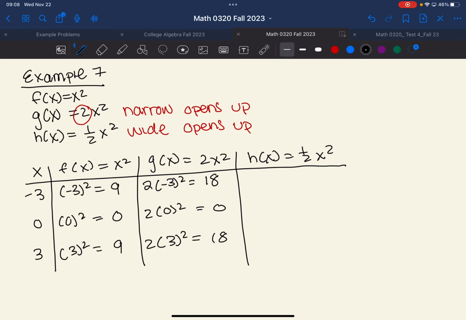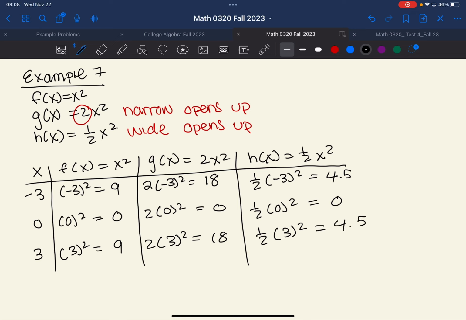And then for h of x, it's just going to be half the value of my parent function. So I have 1/2 times -3 squared, which is 4.5. 1/2 times 0 squared, which is 0. And 1/2 times 3 squared, which is 4.5.